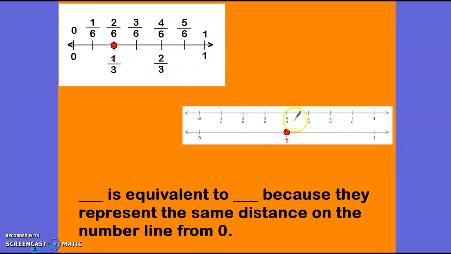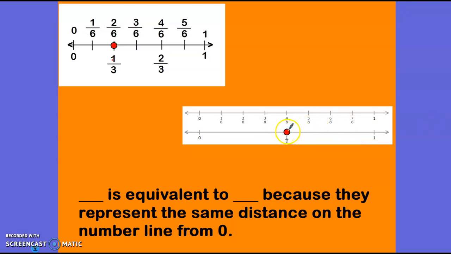Another kind is where you will have two separate number lines. Here you see 1/2 because there are 2 equal parts on this number line. And on this number line, you have 8 equal parts. That's why your denominator is 8.